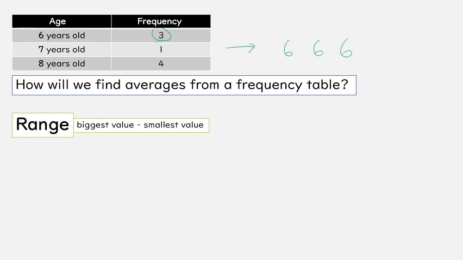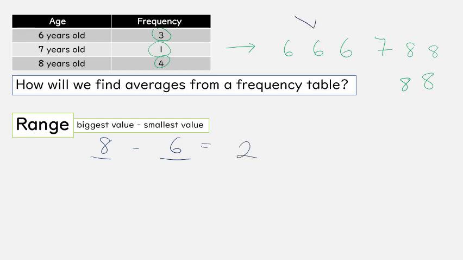The 1 here is saying there's 1 7-year-old. And the 4 here is saying there's 4 8-year-olds. So that would be what it looks like in a list of data. And so to find the range, we would do the biggest value, take away the smallest value. The biggest value in that list is 8 and the smallest value is 6. So we know the range is going to be 2.